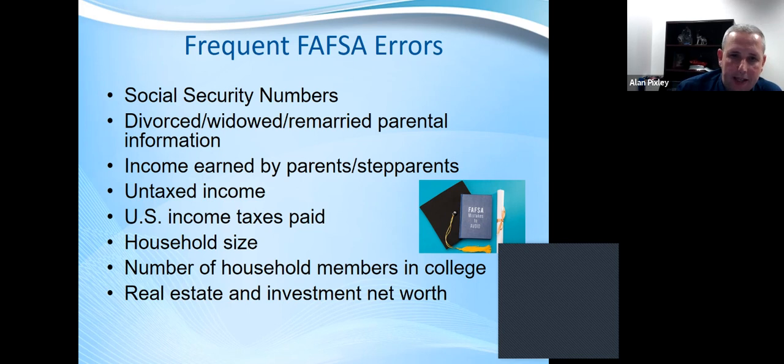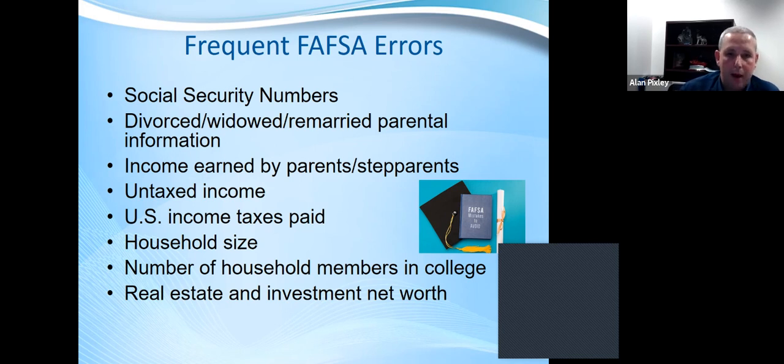So that may be the parent that they live with, or it could be a different parent. If that parent that is providing more than 50% of their support is remarried, they would use the income information from both the parent and the step parent. So that can get a little bit tricky. If a couple is separated, they would only provide the income from one parent, as long as they're maintaining two different households, and if it's a separation.